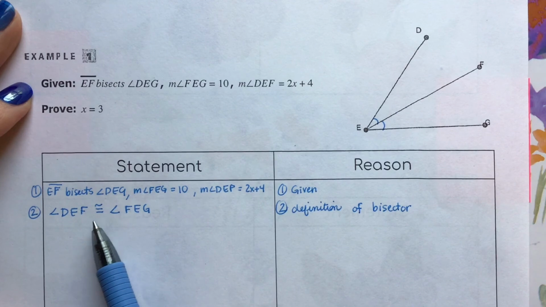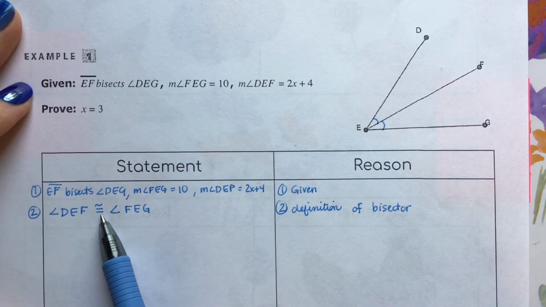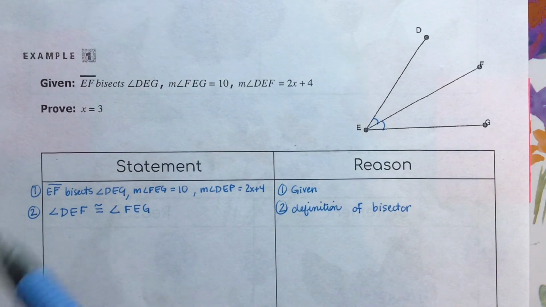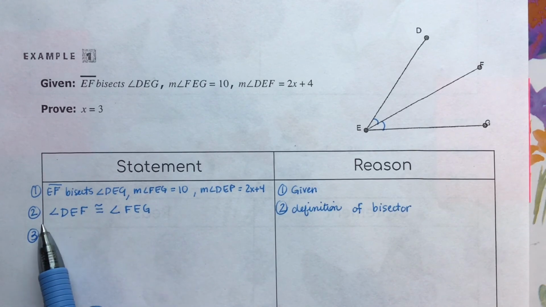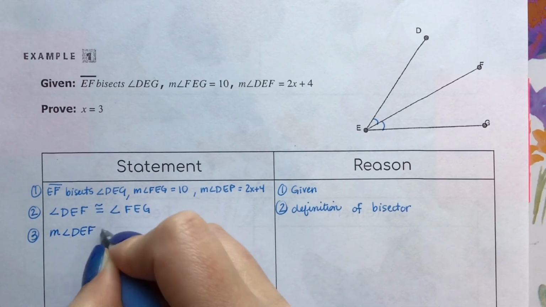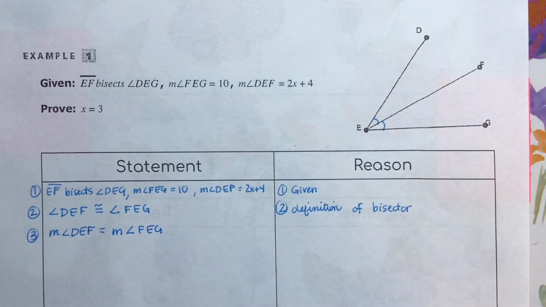Here's the issue now. We have a congruency symbol, but we need an equal symbol. So what we're going to need to do is somehow convert my congruency symbol to an equal sign. The way I'm going to do that is by using the definition of congruence. The definition of congruence tells us that, I'll do step 3, I can rewrite this by saying the measure of angle DEF is equal to the measure of angle FEG.